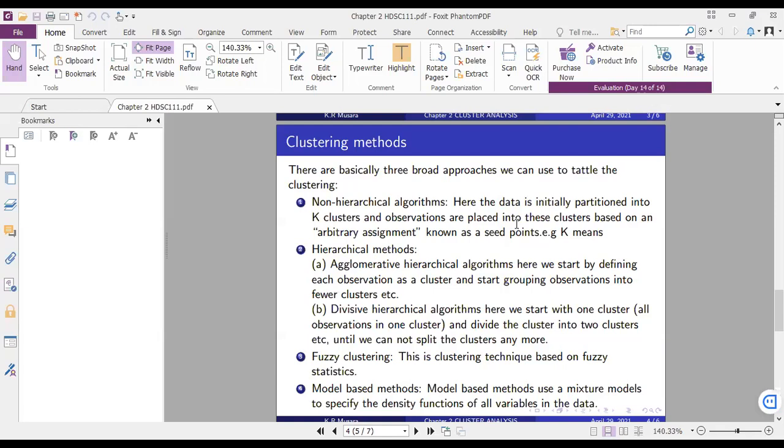Do you want it as a group assignment or as an individual assignment? Let me confirm that way. Because now I've assigned you to get the data that you're going to use for the assignment, you have to look for data that deals with clustering online.